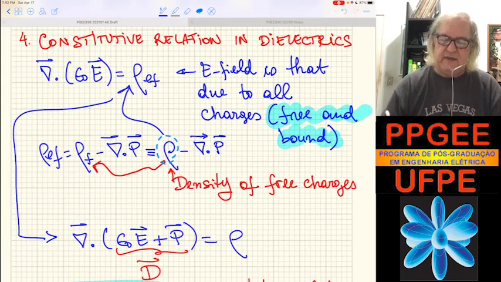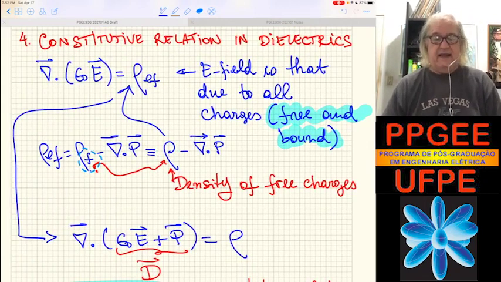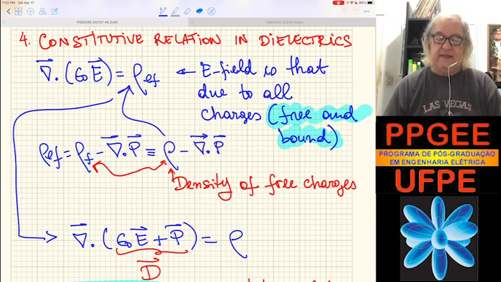We're going to avoid carrying this subscript all the time. We're going to drop it. So we're going to have now this representation.